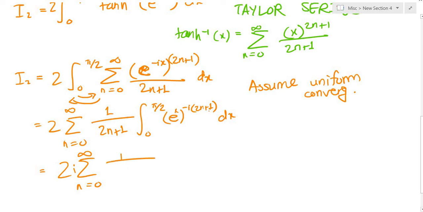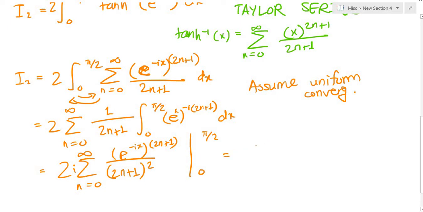And then we also have this term 2n plus 1, so 2n plus 1 times 2n plus 1 is 2n plus 1, the whole thing squared. And then the exponential term is untouched, e raised to negative ix raised to the 2n plus 1th power. But we still have to evaluate that from 0 to pi over 2 because it was a definite integral.